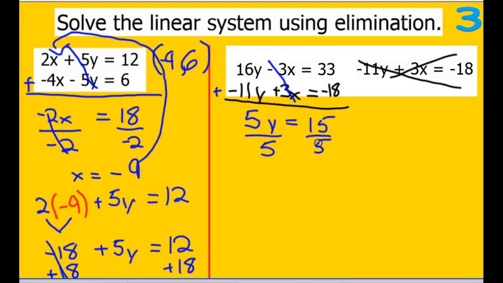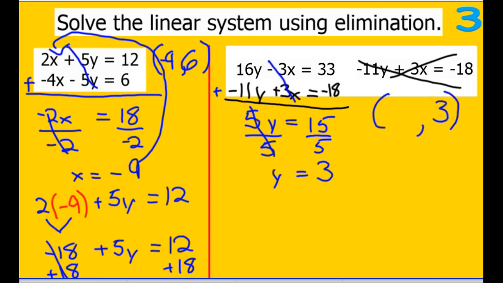Divide by 5 to get y by itself. And we get y equals 15 divided by 5, which is 3. So we don't know our x, but we know our y is 3.